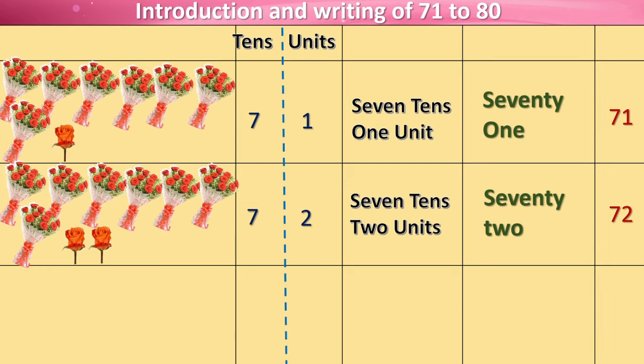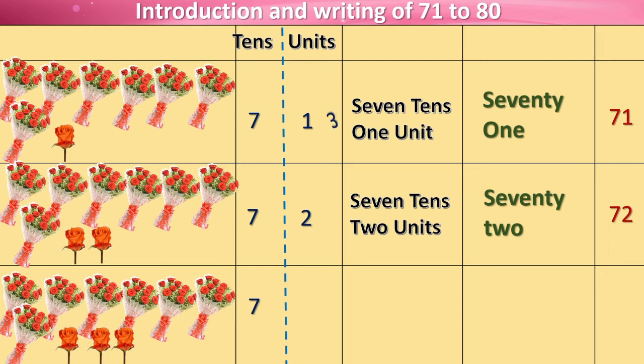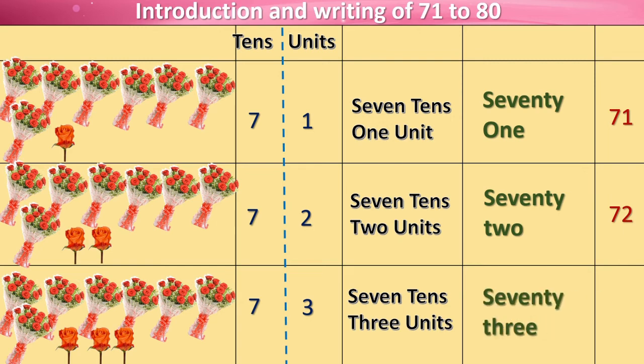Right? Let us add one more rose to 72. See here. That gave us 7 tens, 3 units. So that is nothing but 73 number. Yes, how we write this? 70 and 3. That is 73.